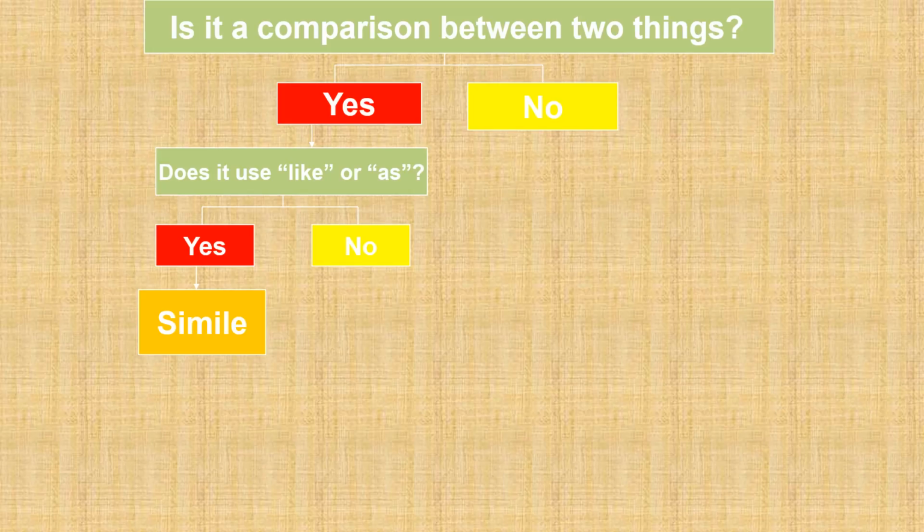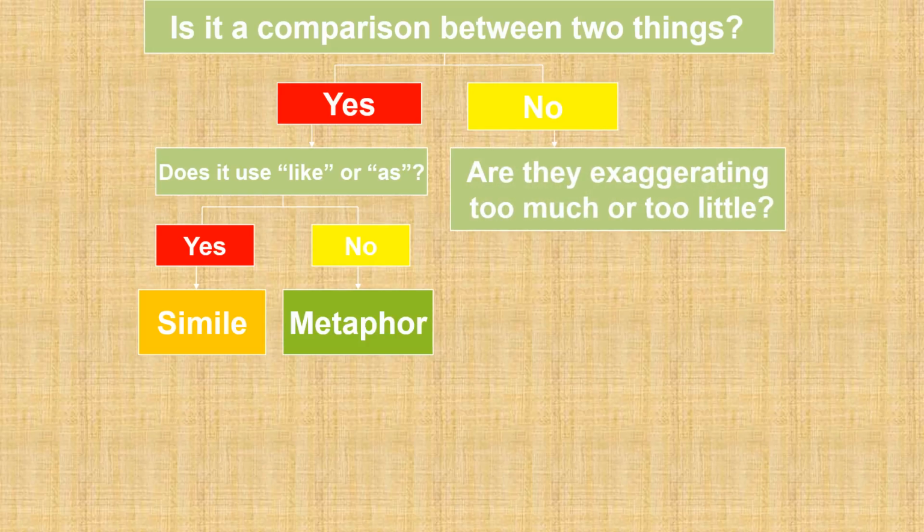He was as busy as a bee. Metaphor is a comparison, but it doesn't use like or as.